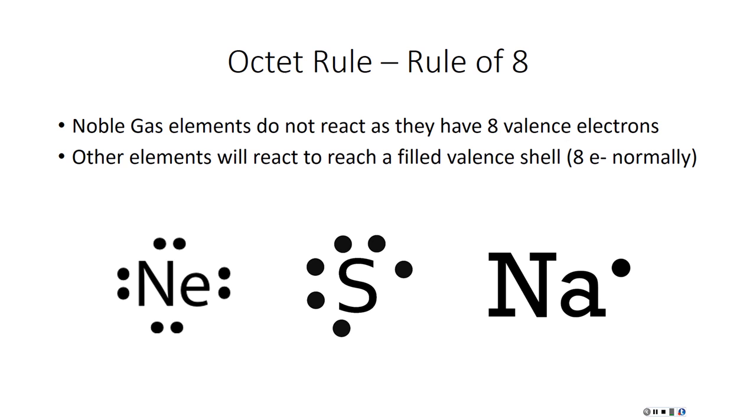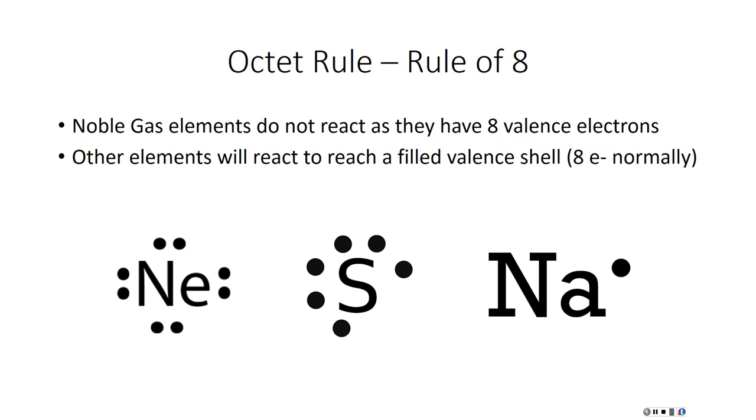So this brings us back to the octet rule. I think I mentioned this a little bit in the last chapter, but what the octet rule says is that elements are going to react so that they have filled valence shells. And these filled valence shells would have 8 valence electrons for the most part. Hydrogen and helium only have 2 in their filled shell, but we won't worry too much about that.